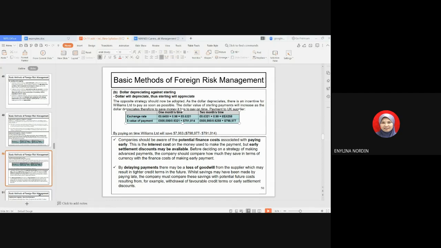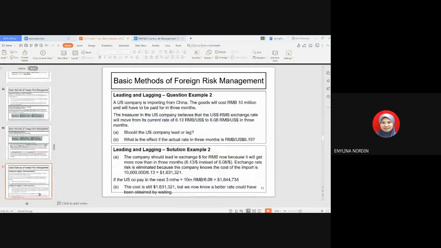All right. Okay. So this is another example for leading and lagging to test our understanding. Let's say in this example, again, a US company is importing from China, and the goods from China cost the US company 10 million renminbi, that is RMB, China currency, which is due in 3 months' time.